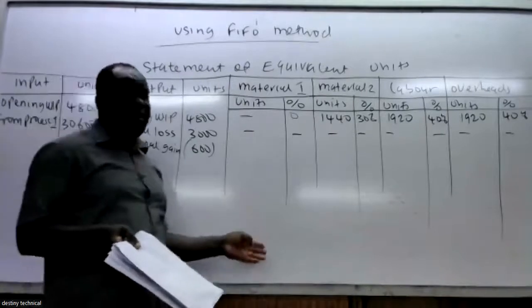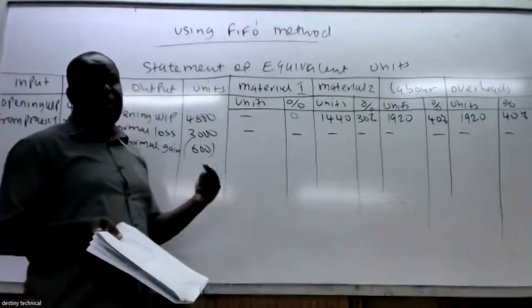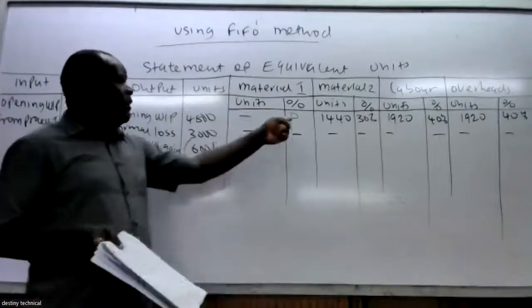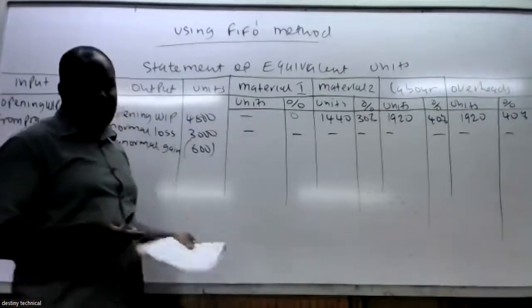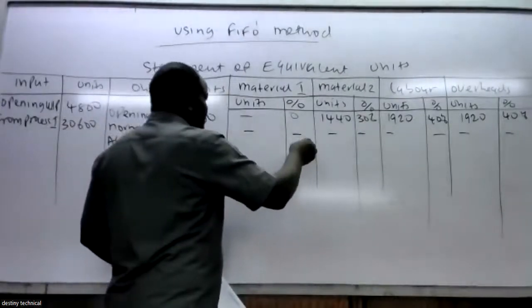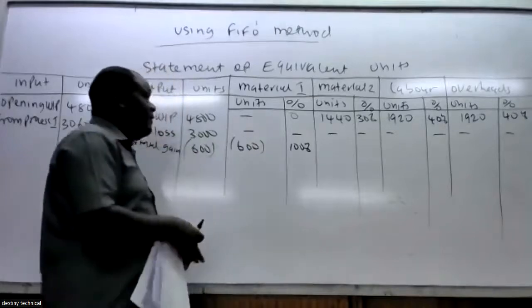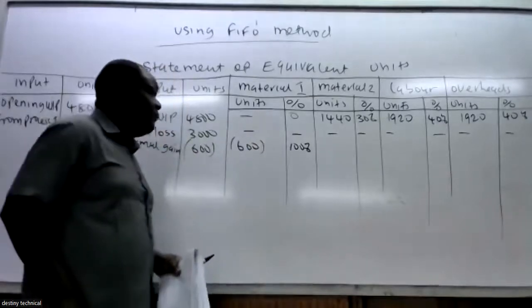For these other items, we take the degree of completion as given. But for the opening work in progress, we normally take the remaining percentage. So here we take 100%, whereby we shall still have the 600 at that level.